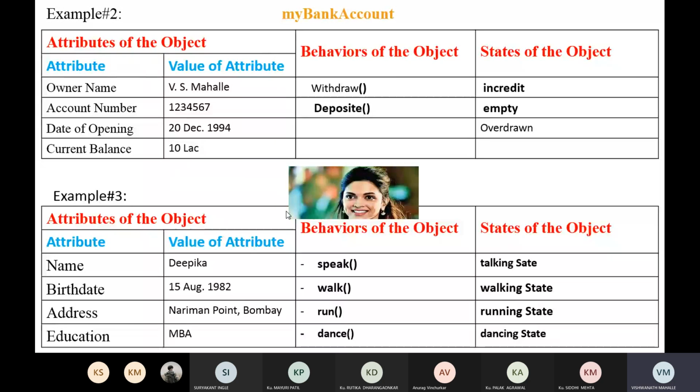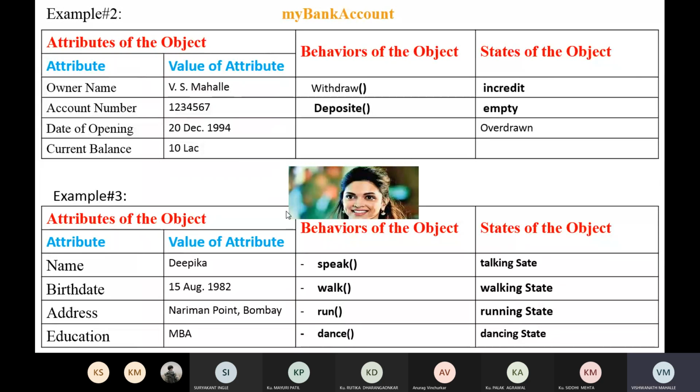And this bank account has attributes: owner name, account number, date of opening, current balance. These attributes have some values. We can perform withdraw or deposit operations on this object, and the state may be in credit, or empty state, or overdrawn state. So the account may be in any of these states.